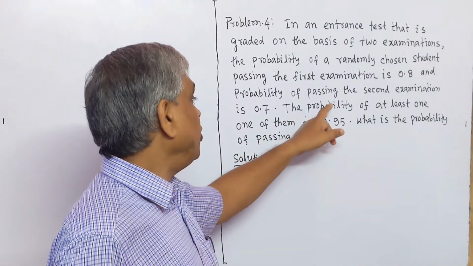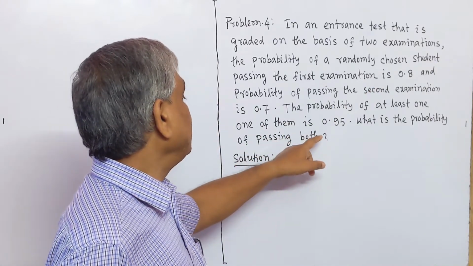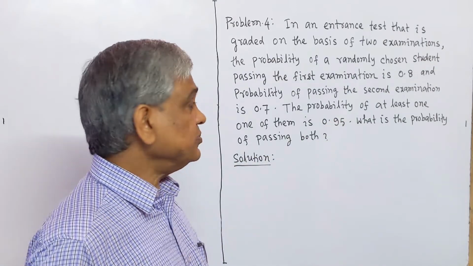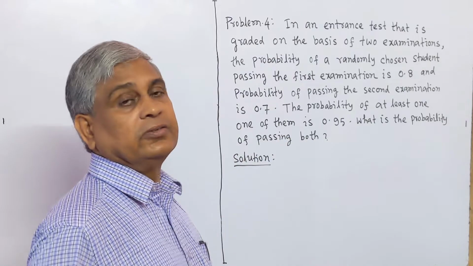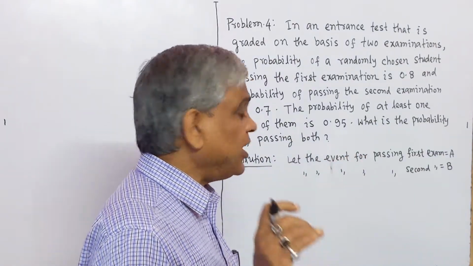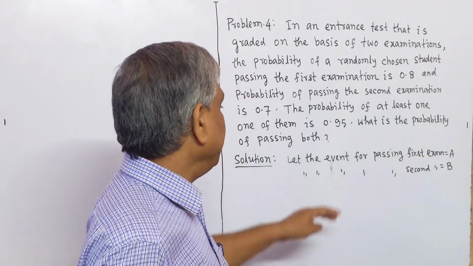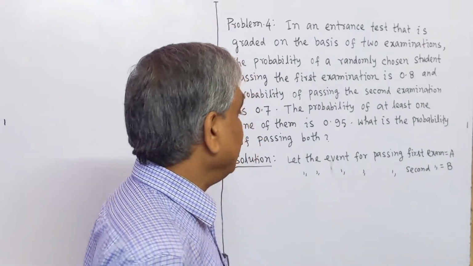The probability of at least one of them is 0.95. What is the probability of passing both? Let the event for passing first examination equal to A and the event for passing the second examination is B.